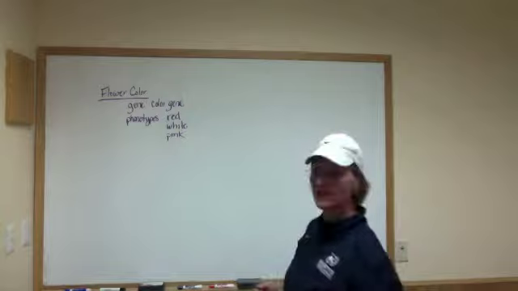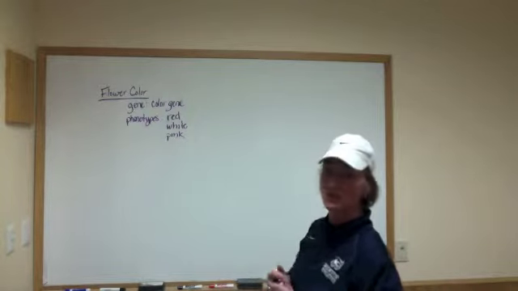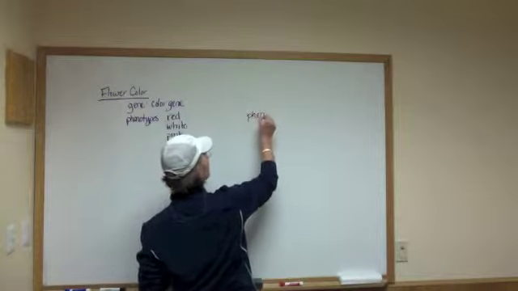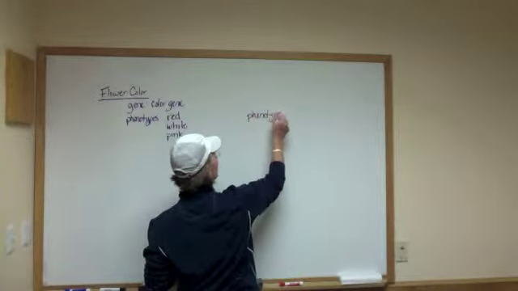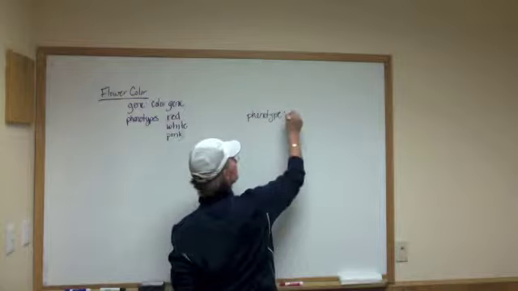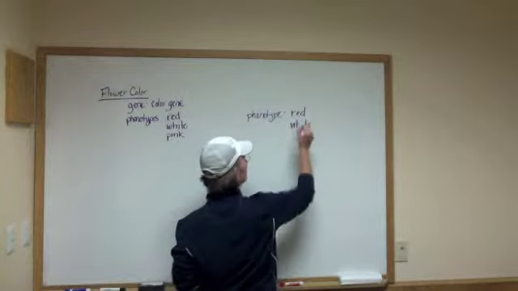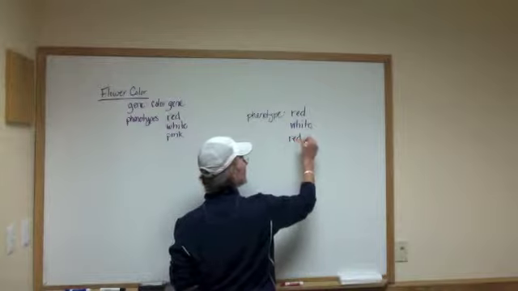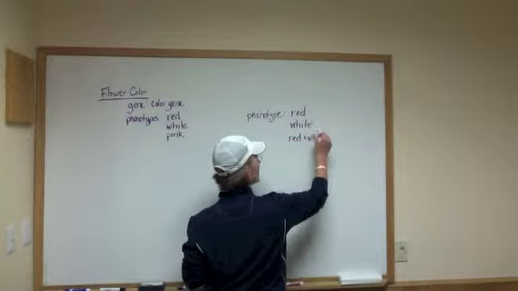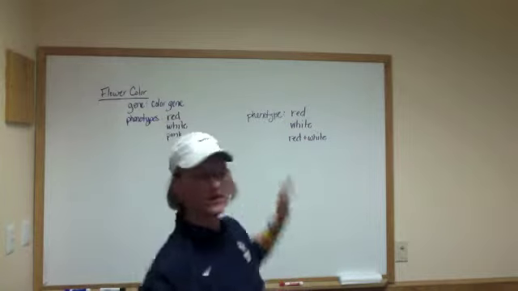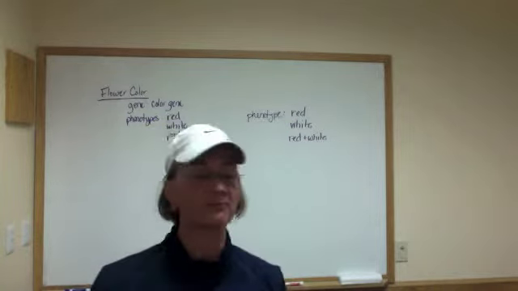Now, that's very different than a different type of situation in other flowers where you might get a phenotype where the flowers might be red or white, or we might get flowers that are red and white both. So we've got two very different types of inheritance here.